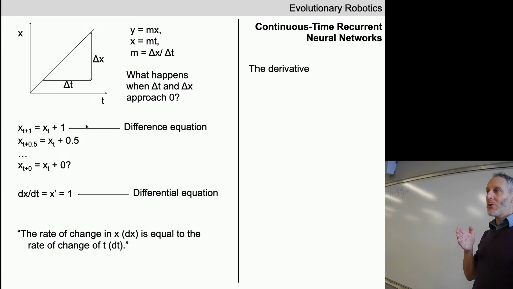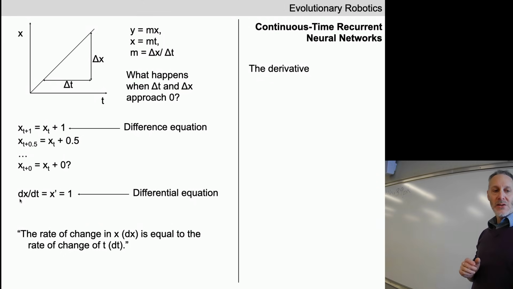So that's a difference equation, discrete changes in the variable of interest over time, like in traditional neural networks. In continuous time recurrent neural networks, we're going to describe the behavior of each neuron as a differential equation, which mathematically can help us describe how that neuron's value changes continuously over time.